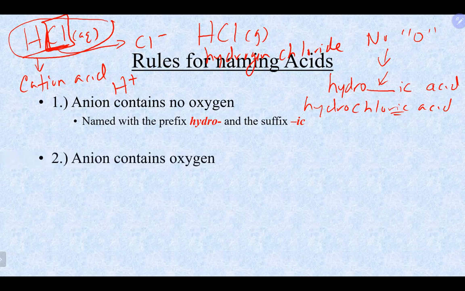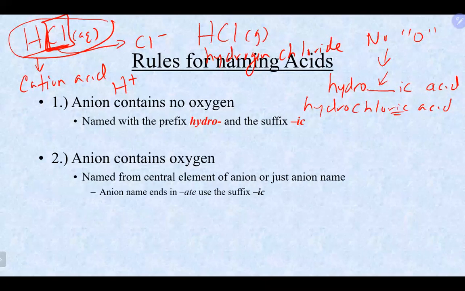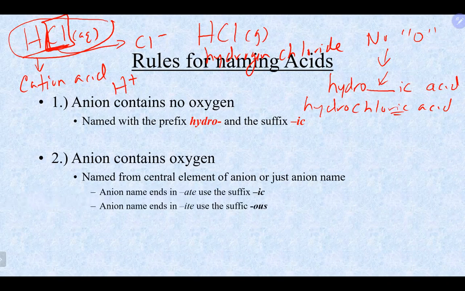If we do have oxygen involved, it will contain one of those polyatomic ions. As we just saw and talked about, polyatomic ions typically end in ate or ite.